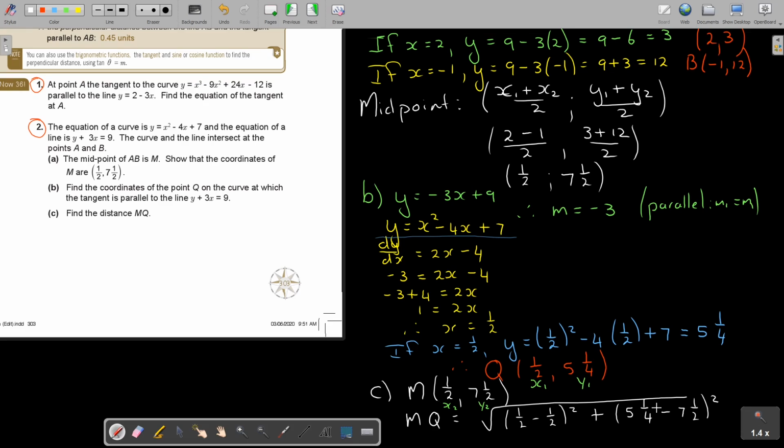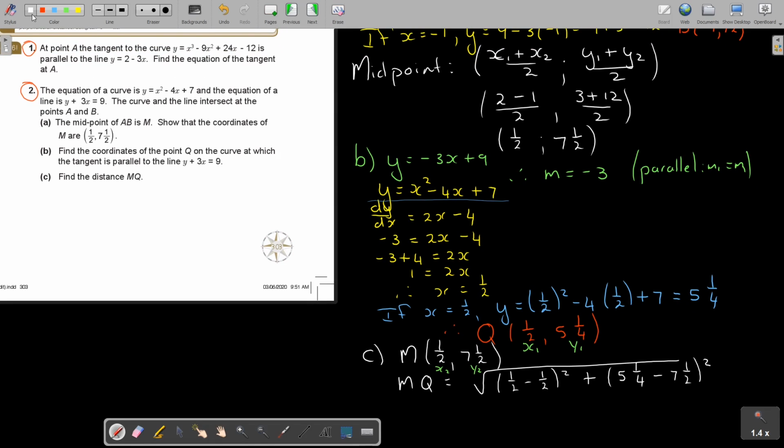So it's 5 1/4 minus 7 1/2 equals, and then square, and then the square root, and that will give me 2 1/4. So this will be 2 1/4 units. And that will be the distance between M and Q.